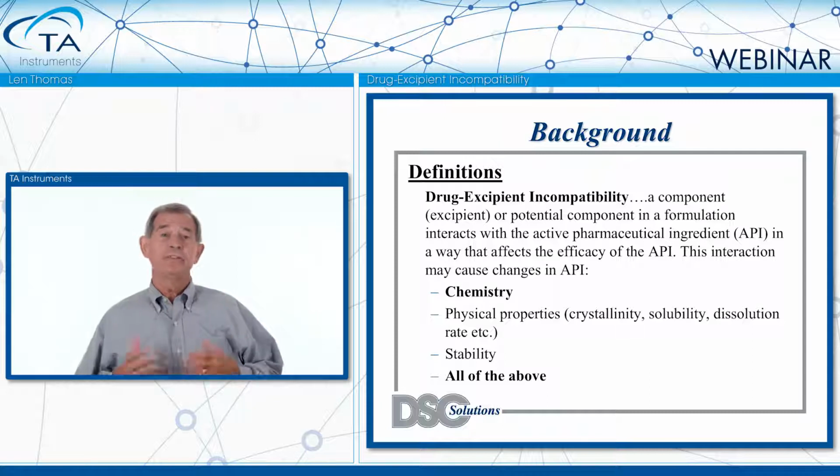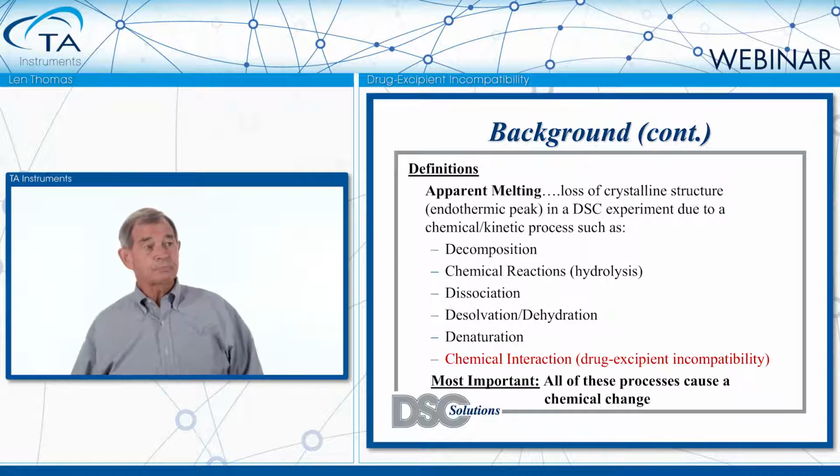And so in the pharmaceutical industry, you obviously need to know if that's going to happen because the materials are going to be stored for a long time, a matter of years. And so you don't want that type of degradation taking place in your materials. So the focus today is drug-excipient incompatibility, but again, anytime we mix materials together, there's the potential for interaction.